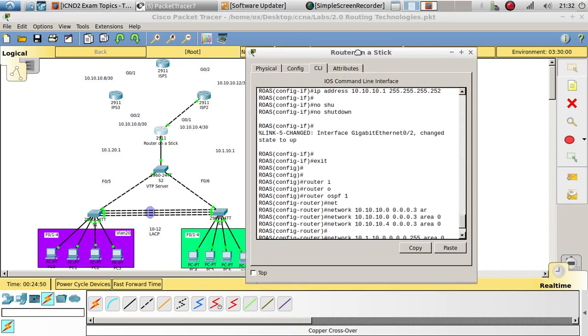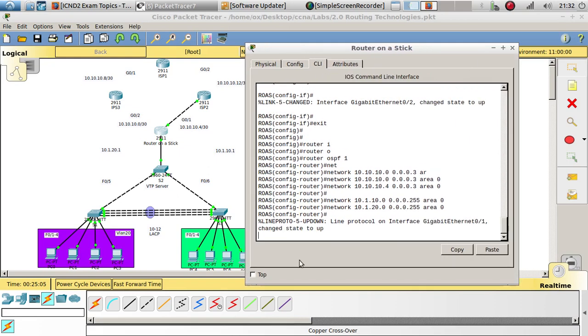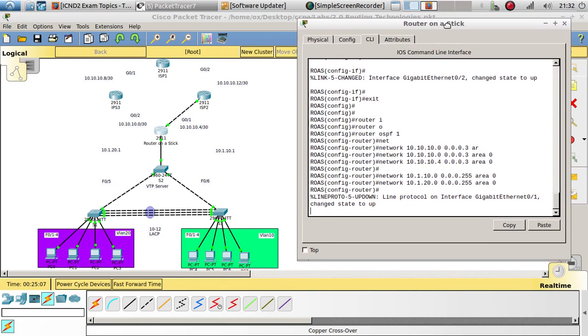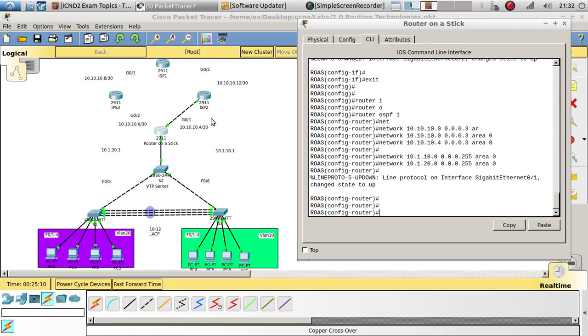Let's go ahead and take a look at this. In a couple seconds, it should form a neighbor relationship between ISP2 and the router on a stick.